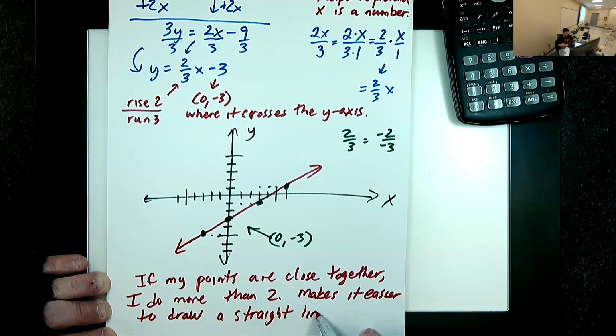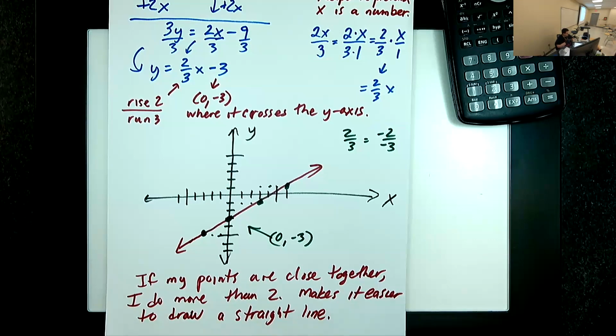If they're far apart, then doing more than 2 points just makes it even farther apart, and it takes up too much space on the page, and I don't like that. But you really only need the starting point and one more point. And the slope gives us that.